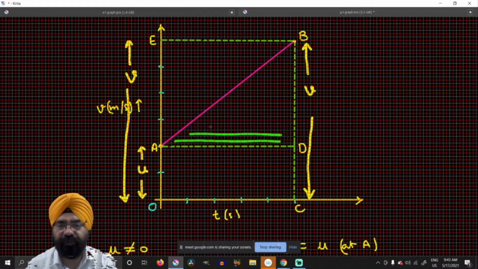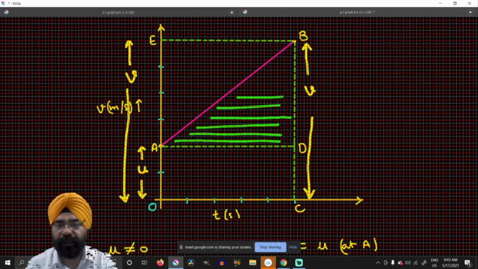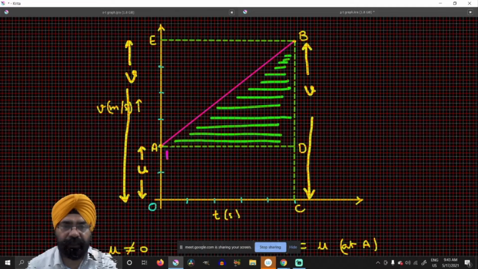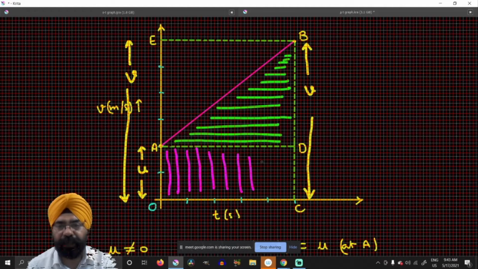The first part is the area of this triangle, the green one. What is the name of the triangle? Right angle triangle ADB. And the second part we take is the rectangle ADCO, correct?